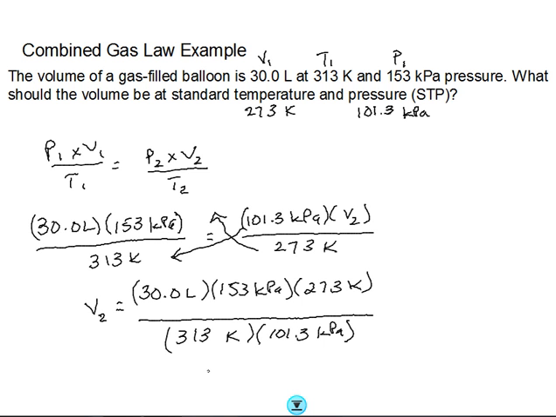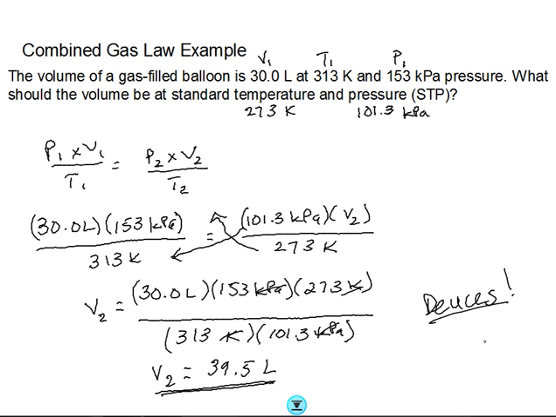If your units are correct, everything should cancel out except for liters. The kilopascals and Kelvin cancel out, and the only thing left is the liters. You take 30 times 153 times 273 divided by 313 divided by 101.3, and you get about 39.5 liters, and that is our second volume.